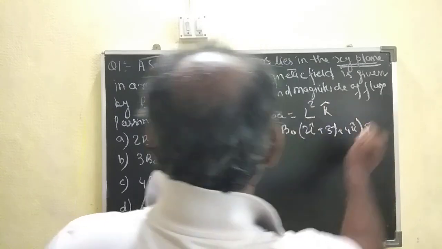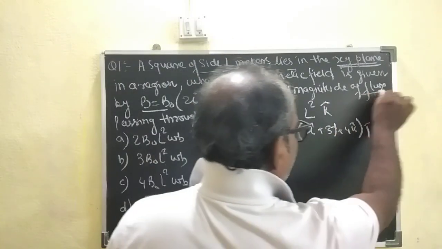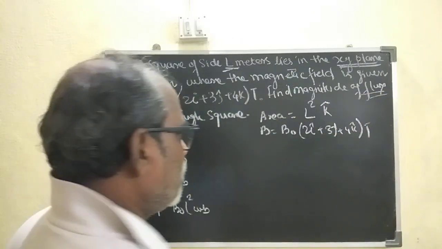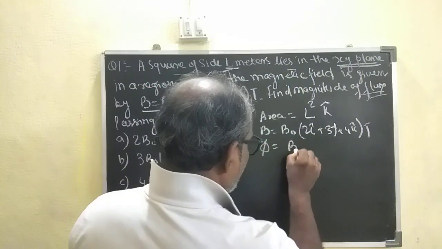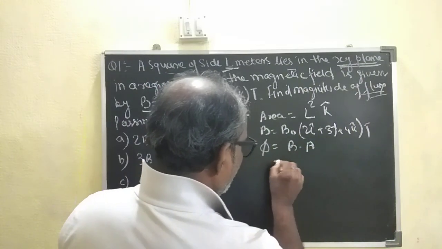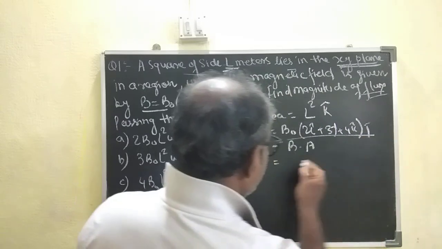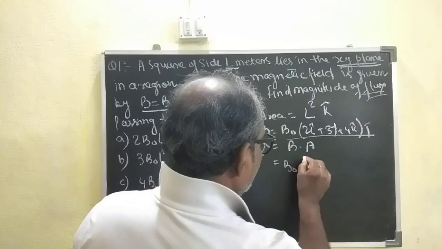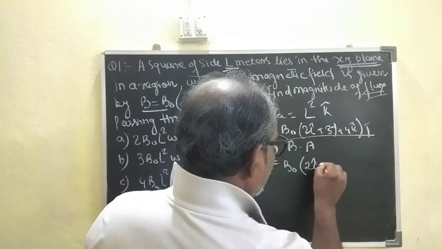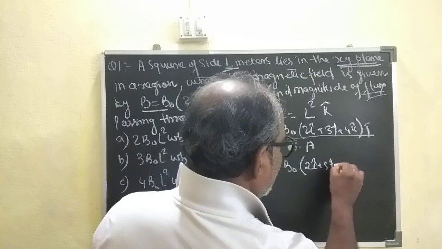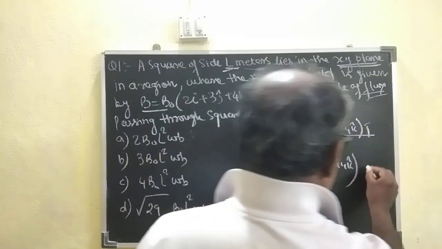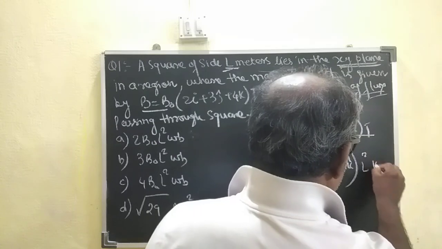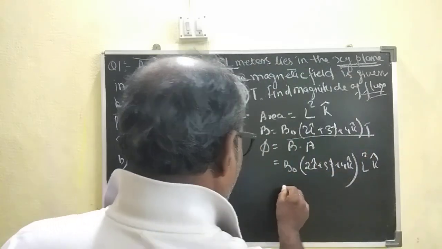We have to find the magnitude of flux. So my dear, flux we know is B dot A. So from here we can write B as B naught (2I cap plus 3J cap plus 4K cap) into this, that is L square K cap.